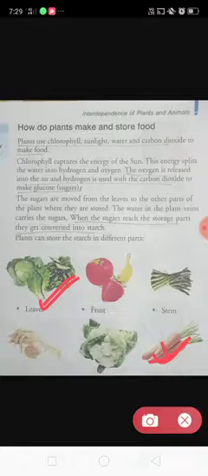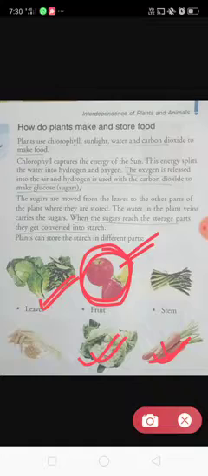You eat the flower of the plant, that is the cauliflower. Then you eat fruits also, that is stored in the form of food. The sugar which is produced during photosynthesis is stored in leaves, roots, stem, flowers, and in grains also.